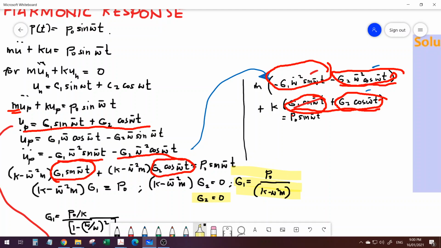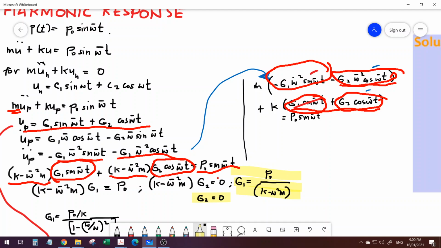Okay? And anong naiwan? So, if we extracted G1 sine omega bar t here, you will be left with K minus omega bar square M. This one yun. Tama? Okay? So, ganun din dito. K minus omega bar square M. Okay? And then, everything equal kay P naught sine omega bar t.